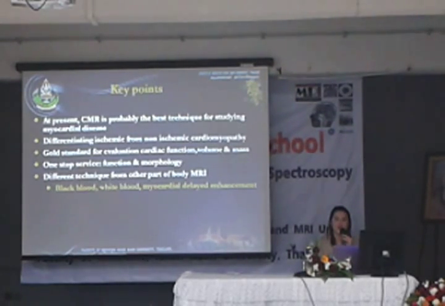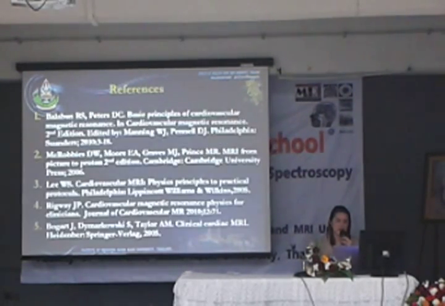It serves as a one-stop service for the patient because it can evaluate both cardiac anatomy and function at the same time. And it has different techniques from other body MRI, including black blood, white blood, and myocardial delayed enhancement technique that I showed you previously.